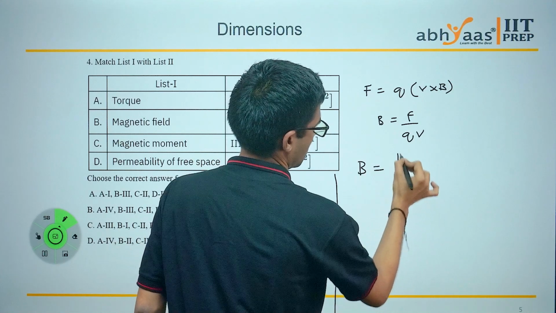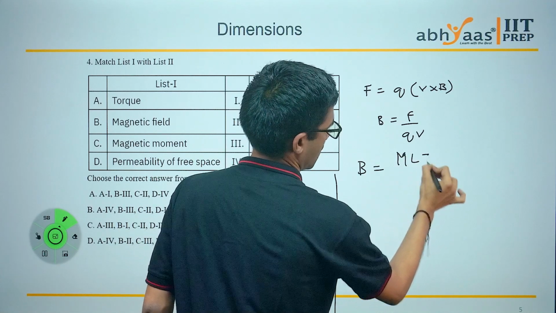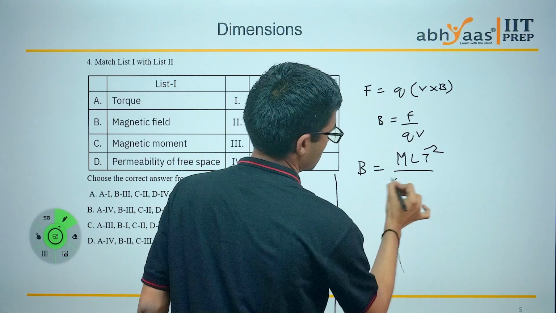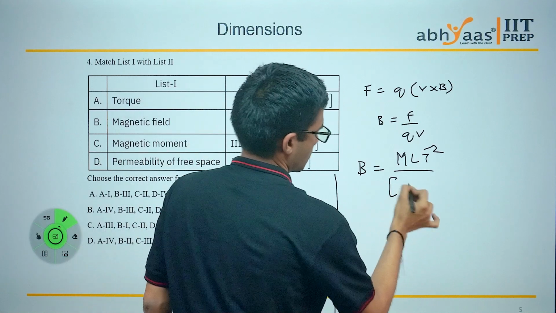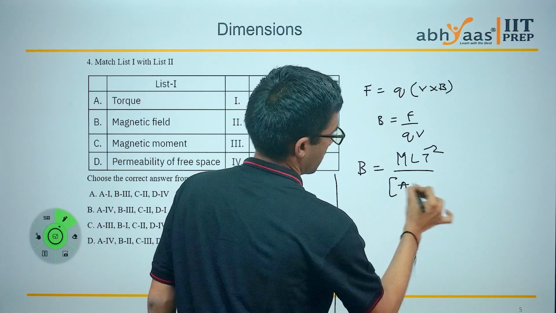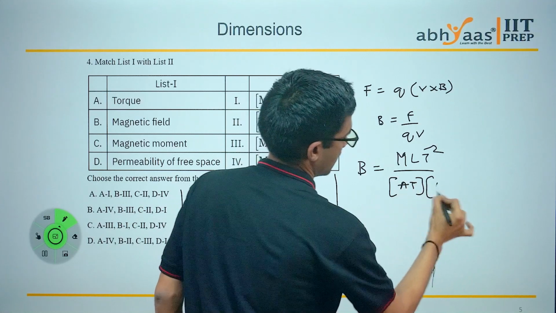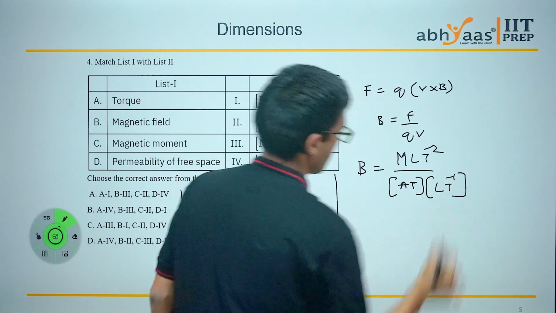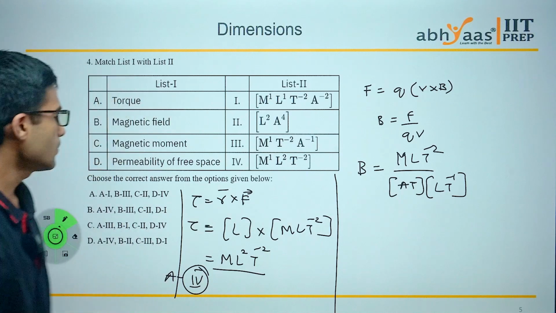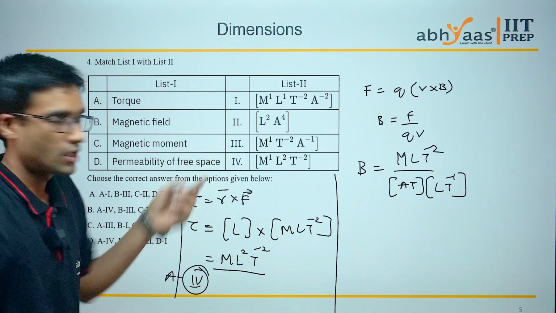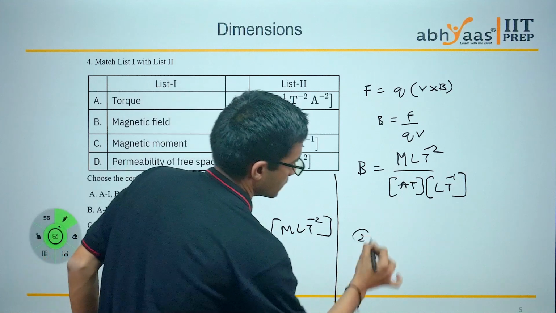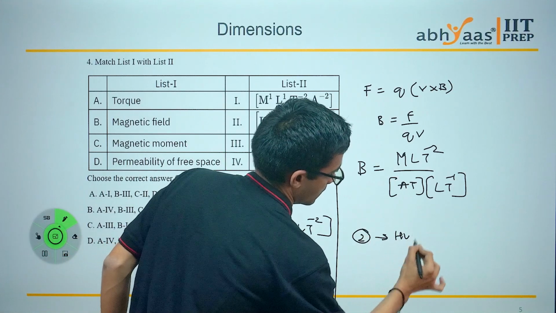F is M L T power minus 2, and charge can be written as ampere into time. Velocity is L T power minus 1. Okay, remember? Similarly, other things you can do as homework. I am telling two; the remaining two you can do as homework.